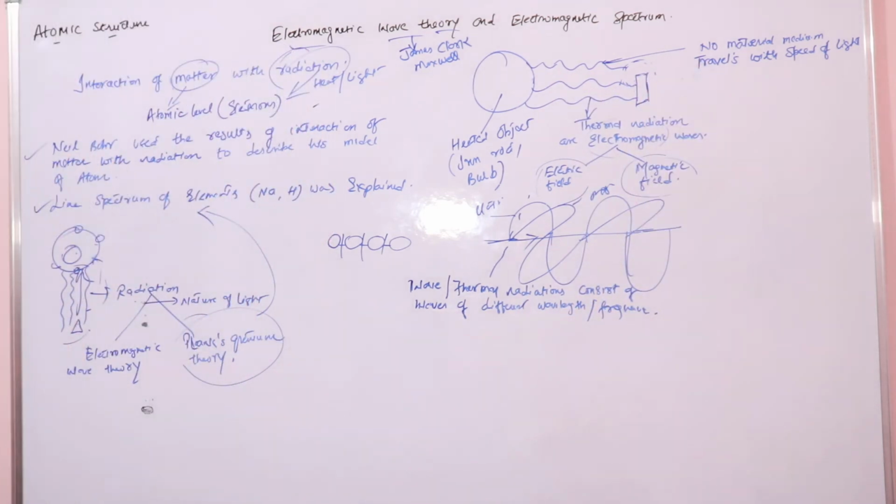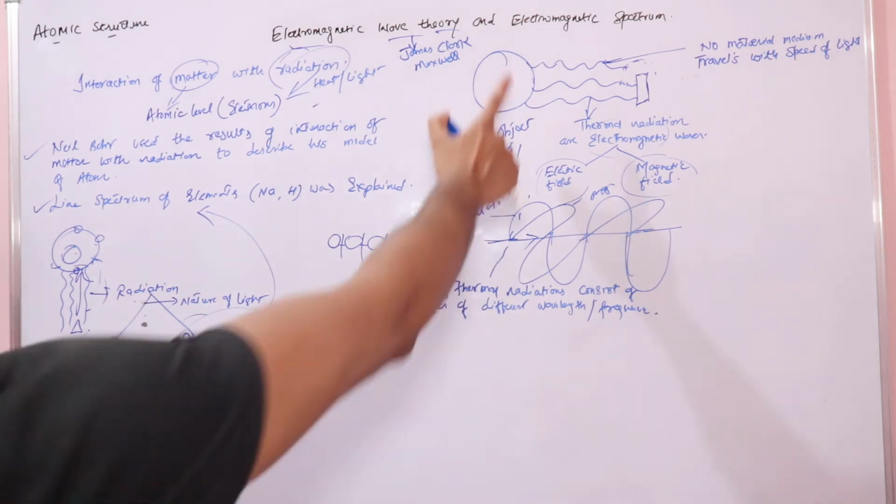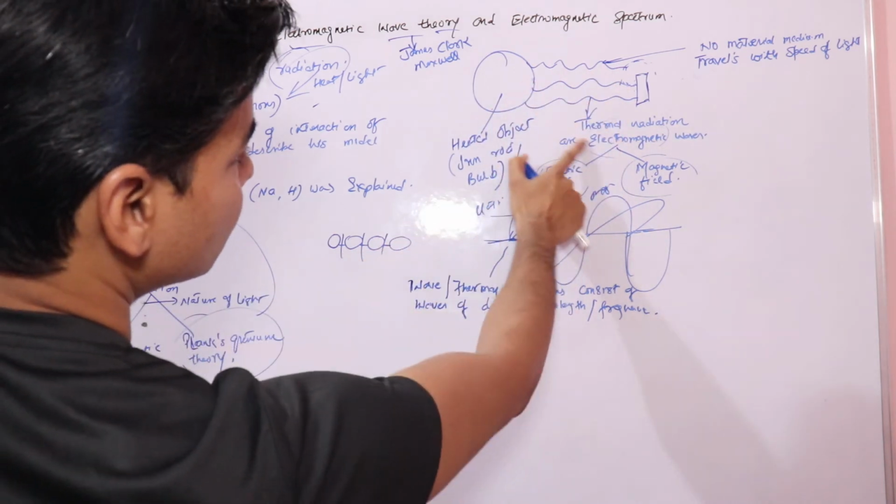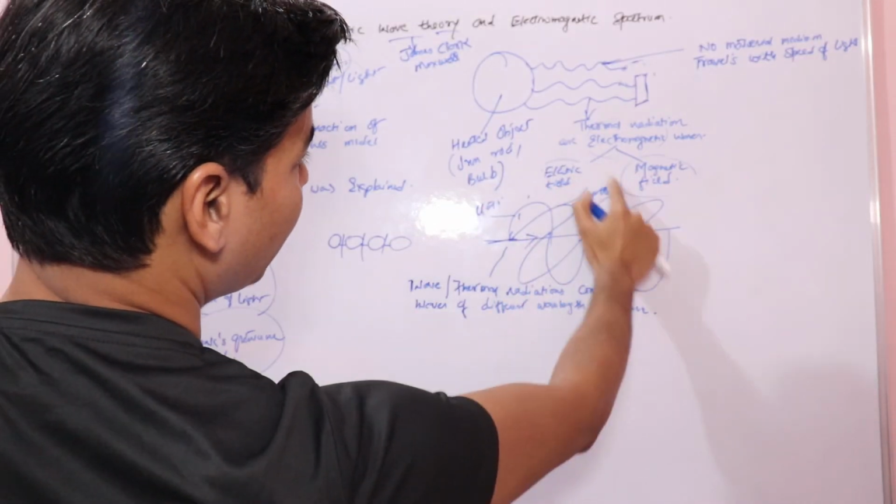So the energy that is emitted from any source continuously in the form of radiations is known as radiant energy. I said that these radiations consist of the electric field and magnetic field.